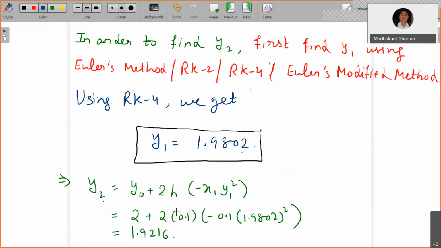Now, as I mentioned, there is always a stability issue with these types of methods which are not self-starting.